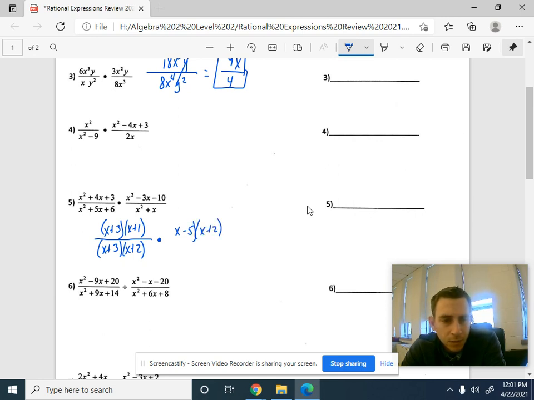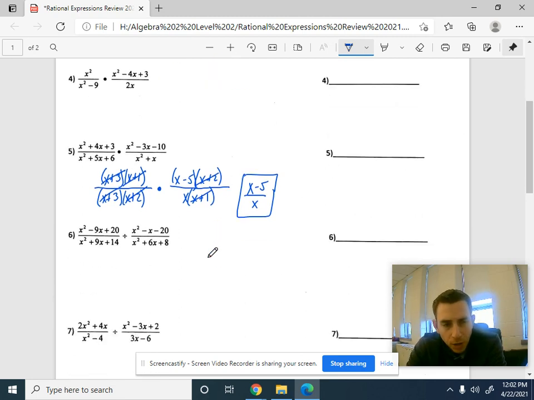That could give me -3, right? GCF here. And then cross out. These cancel. X plus 1's cancel. The x plus 2's cancel, which means we're left with x minus 5 over x. All right, and that's your answer. Just factor and cross out.